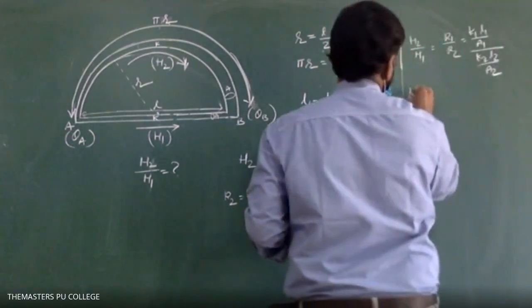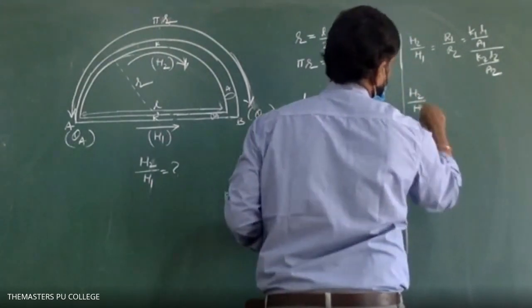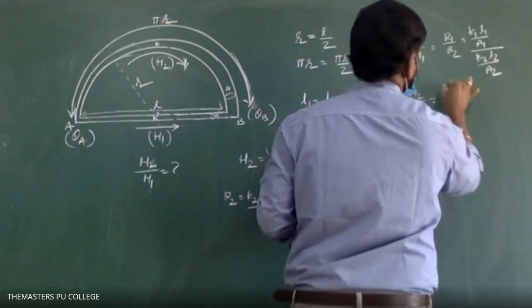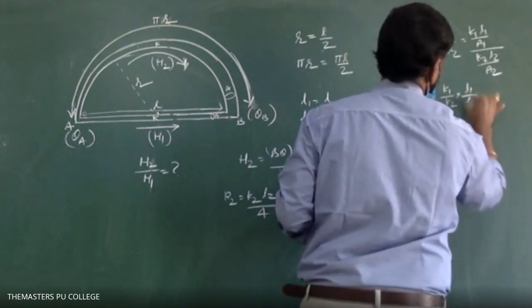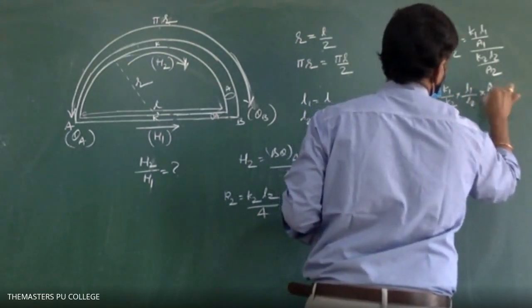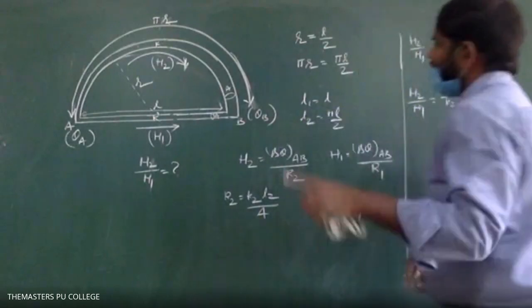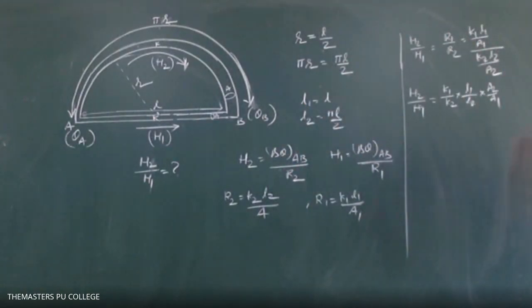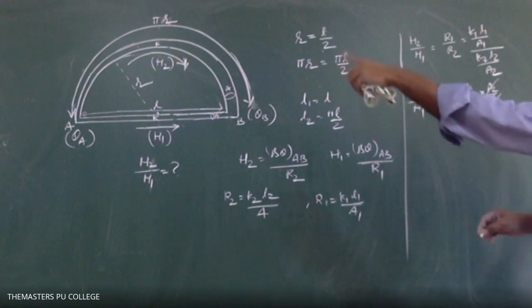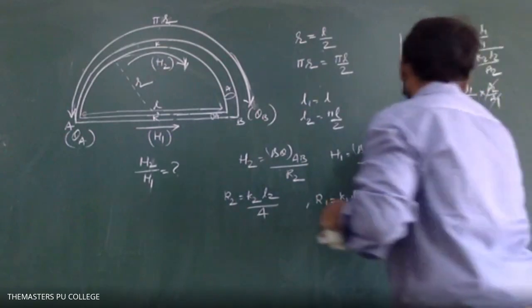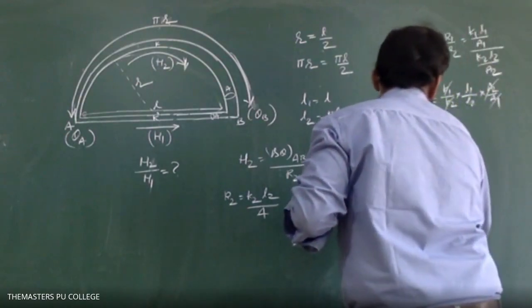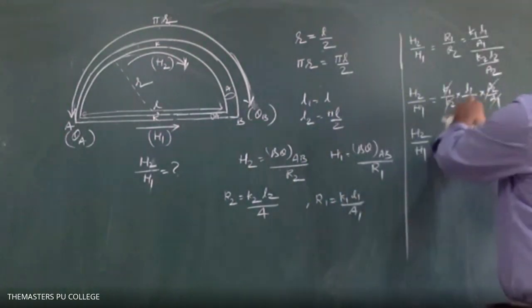So H2 by H1 is equal to K1 upon K2 into L1 by L2 into A2 by A1. In the problem they told that the areas are the same, so these areas get cancelled, and the materials are made of the same thing, so this also gets cancelled. So H2 by H1 is equal to L1 by L2.